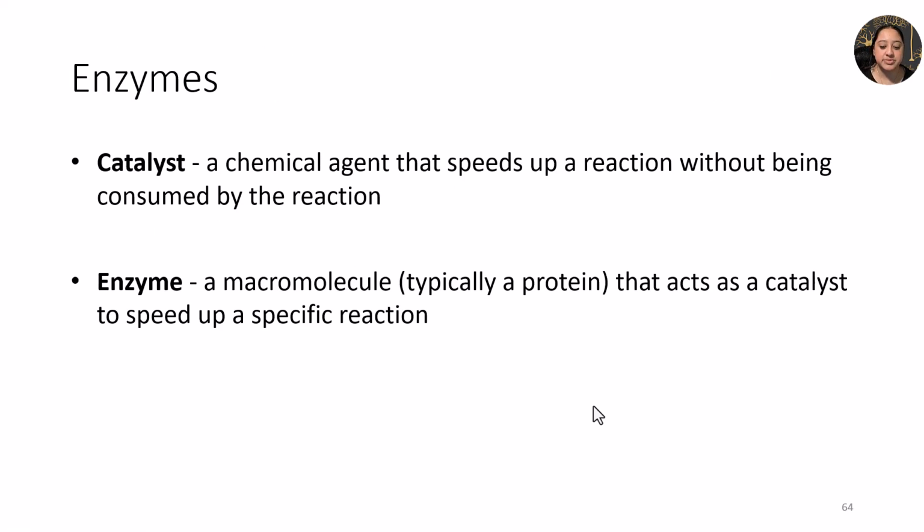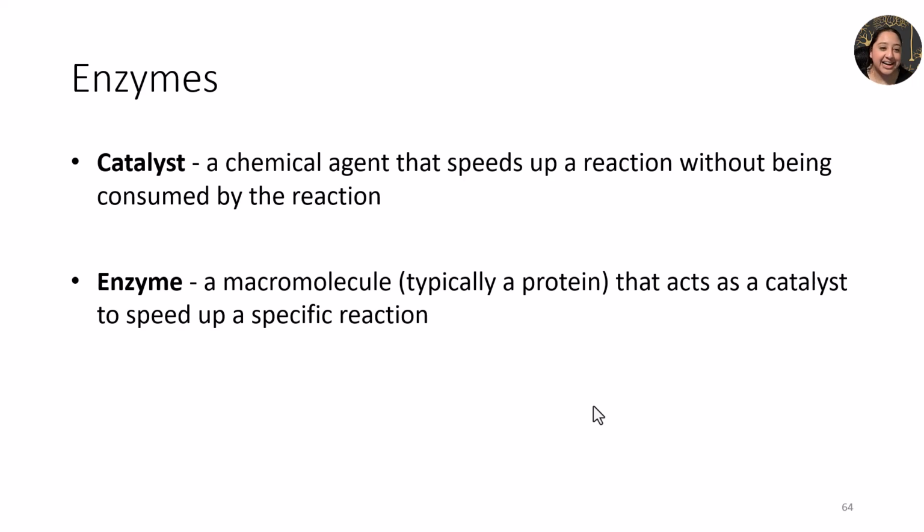Enzymes help these kinds of processes happen a lot more quickly. Enzymes serve as catalysts. A catalyst is a chemical agent that speeds up a reaction without being consumed by the reaction.